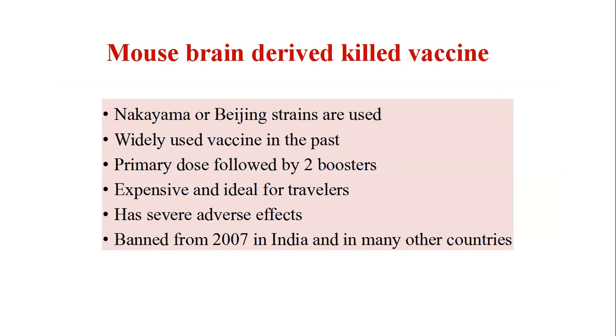It was widely used in the past, with a primary dose followed by 2 boosters, but it is expensive and mostly ideal for travelers. But this particular vaccine has severe adverse effects. That is why it was banned from 2007 in India and in many other countries.